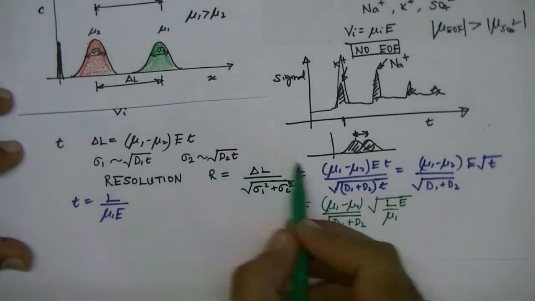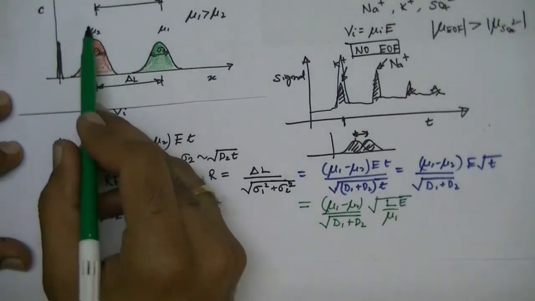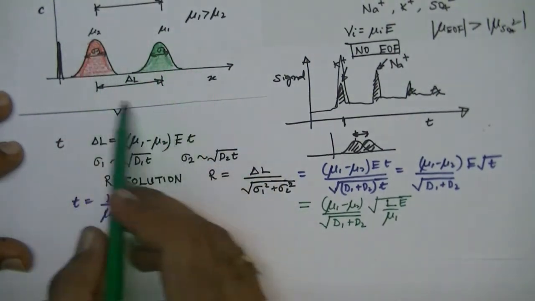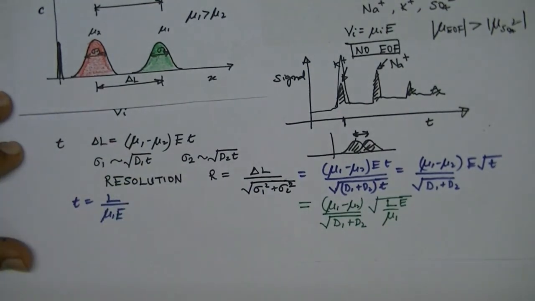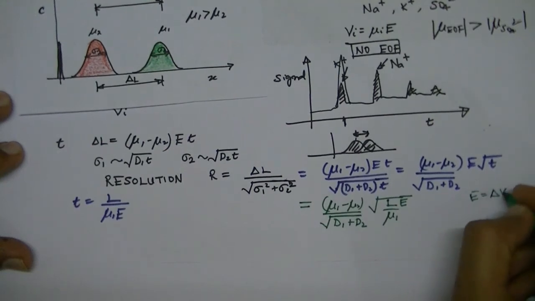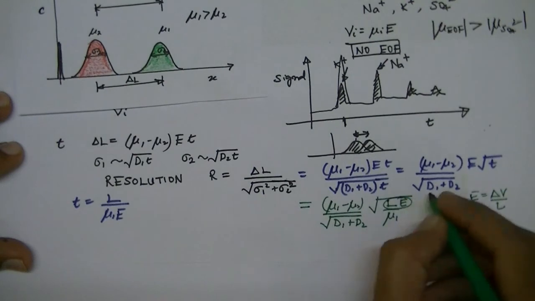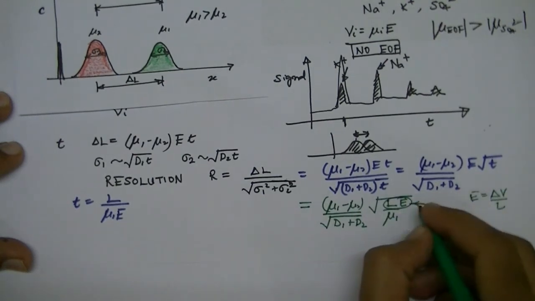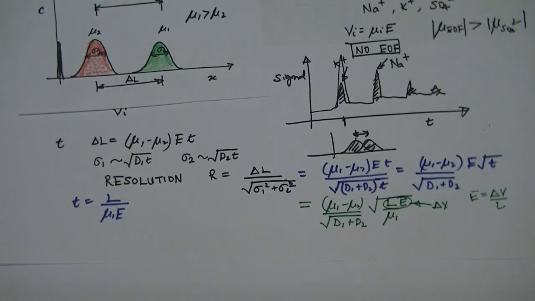That's because if you take higher electric field, then you can have faster separation and the peaks will have less time to diffuse, so you will get better resolution. But actually electric field is the voltage drop over the distance. So this quantity is actually delta V. What matters is how much voltage drop you are applying across the channel.